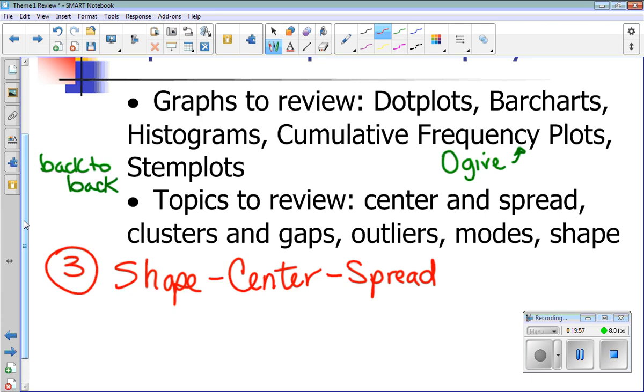It's clustered around the center is sometimes what we usually say, or we could say for unimodal. There is a gap. A gap would indicate possible outliers. Would you agree? So clusters and gaps and outliers, for that matter, all are referring to a shape. Modality, we talked about bimodal, multimodal, unimodal, all deal with shape as well.